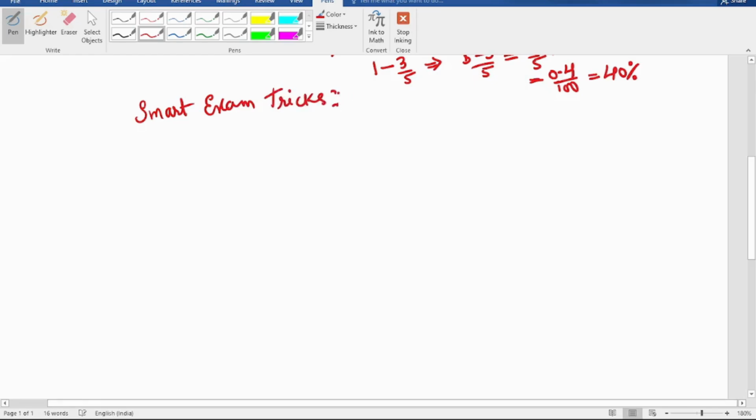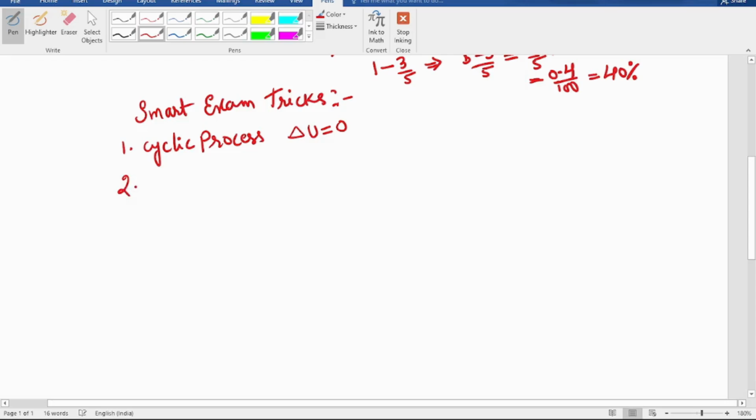What are those? Let us see. The first one is about the given cyclic process. If the question says cyclic process, what we have to assume? Internal energy will become 0.